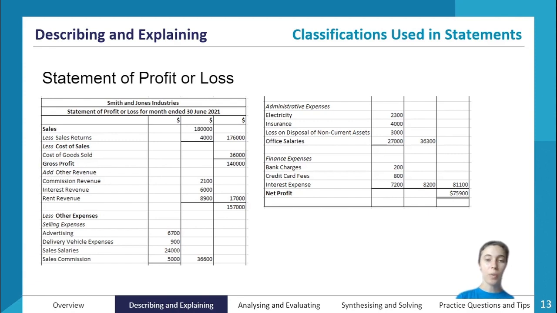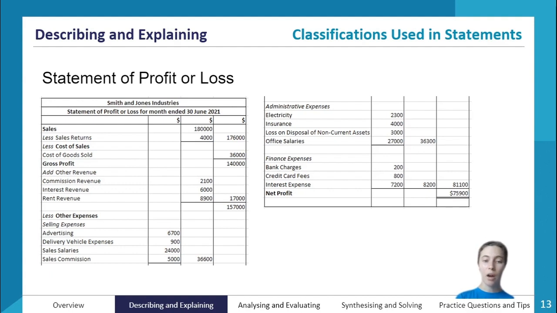So for example, in the expenses section, you've got selling expenses to start with. We've got advertising, delivery vehicle, sales commission, and sales salaries. We've got administrative expenses with electricity, insurance, office salaries, and then finance expenses, we've got some bank charges, interest expense, and credit card fees.